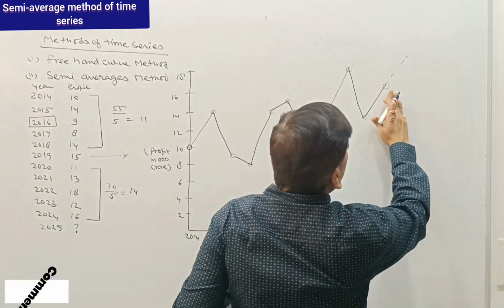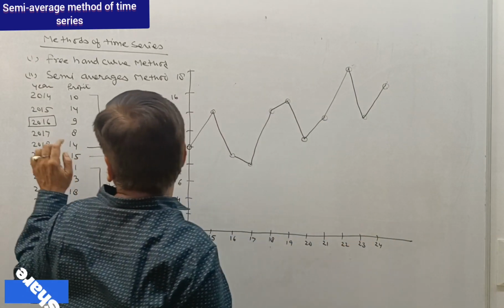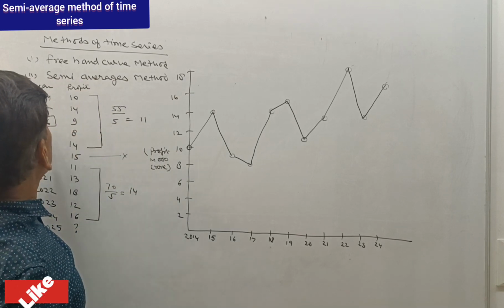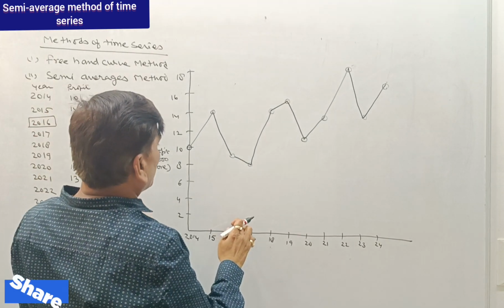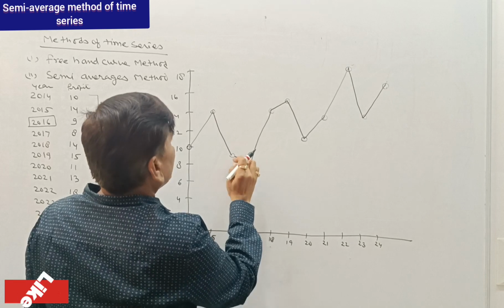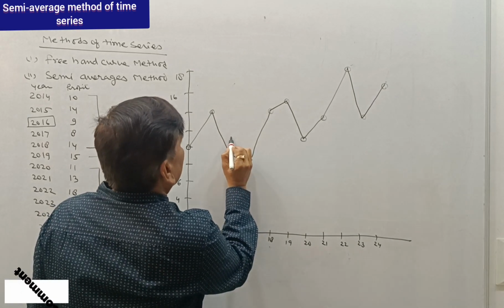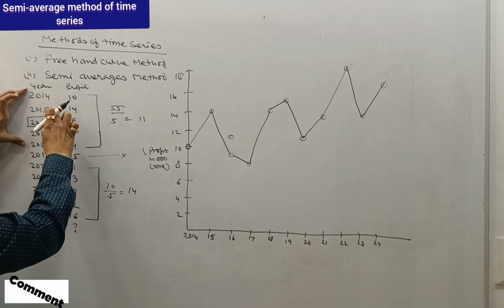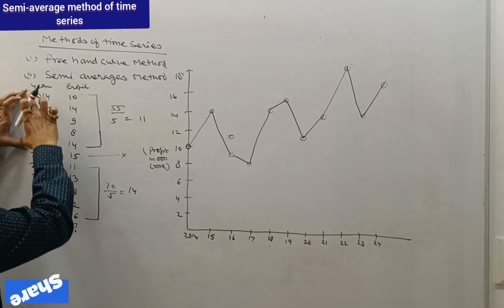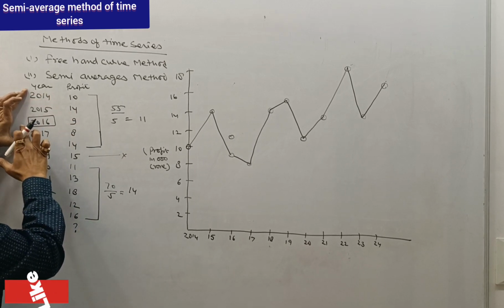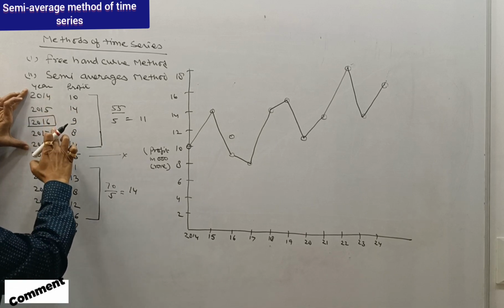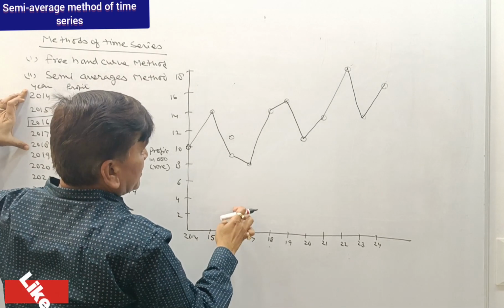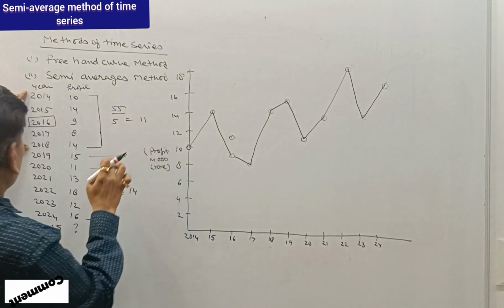So to make the trend line, what have we done? First is 11. In 2016 we will plot 11, because the first 5 years, 1, 2, 3, 4, 5, were there, and the middlemost of these 5 is 2016, so we plot 11 at 2016.